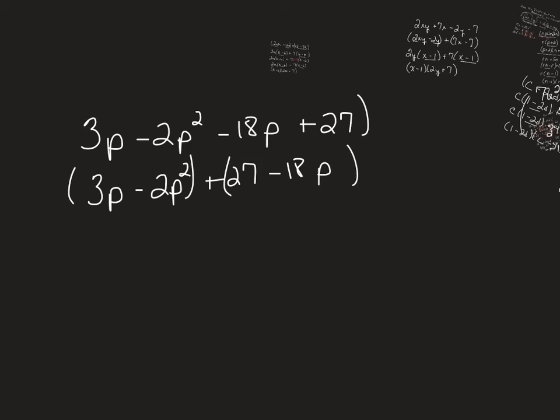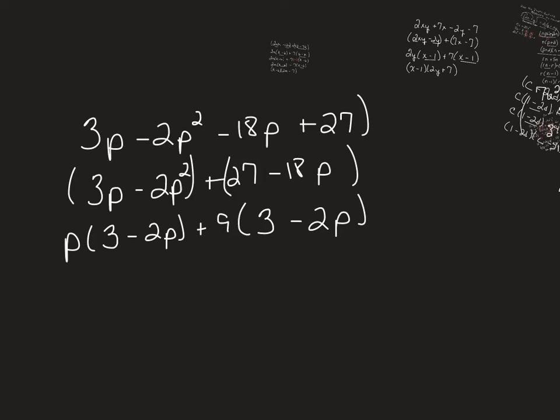Let's see. Notice positive, negative, positive, negative. Okay, if I factor out a p in the first term, I'm left with 3 minus 2p. 9 is common in the second term, so 27 divided by 9 is 3. 18 divided by 9 is 2p, and this one's a little easier just by rewriting it.